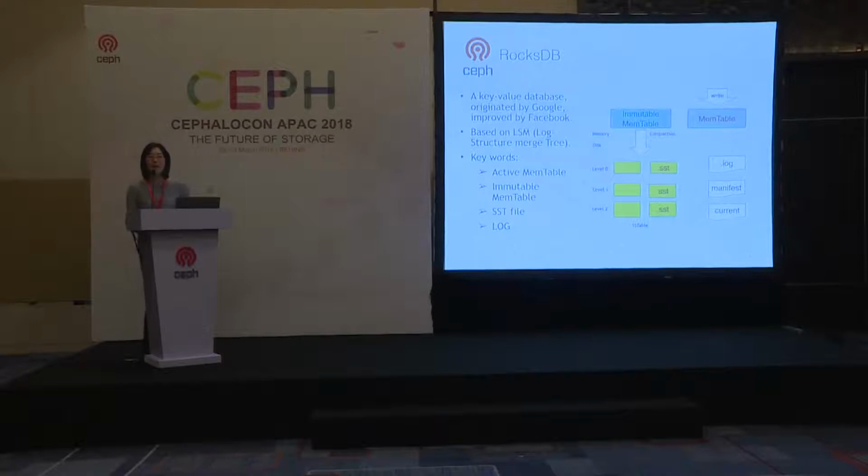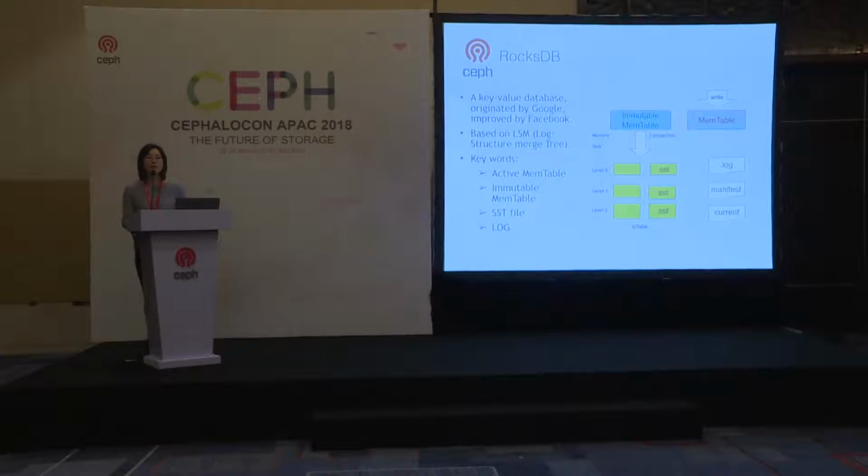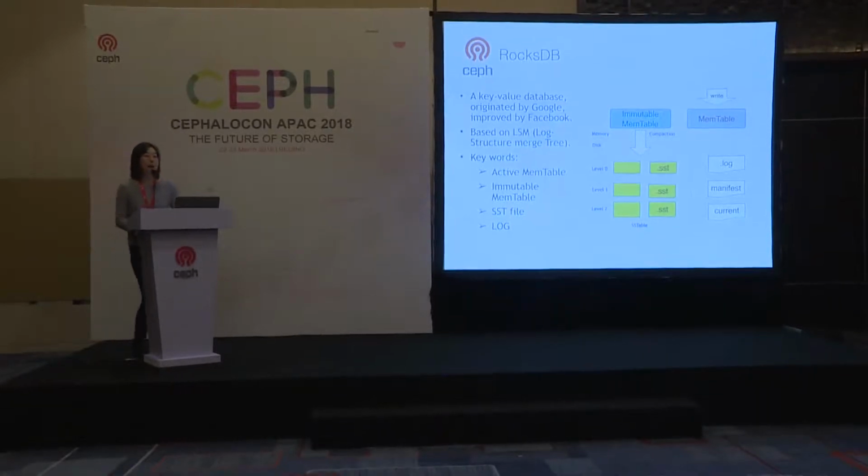Next is the mechanism of RocksDB. In memory there is one active RocksDB memory table and several immutable memory tables. Immutable means it can't be updated. On the disk there are log files and other SST files.